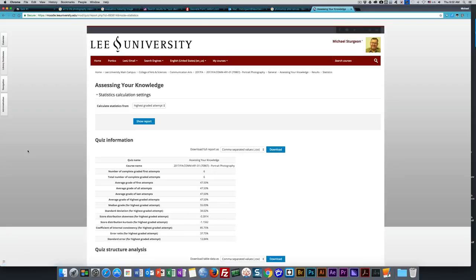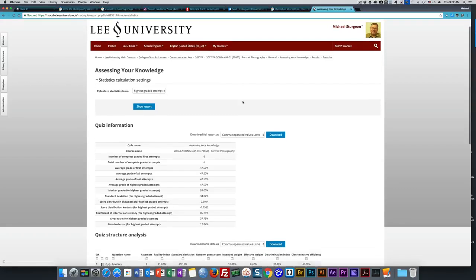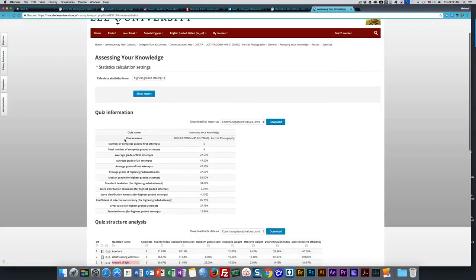In the statistics, we can see right off the course name, number of completed, the number of attempts, etc. So if you give a single attempt, these are going to be the same number. And this is where some of the terminology is not like the coefficient for internal consistency.